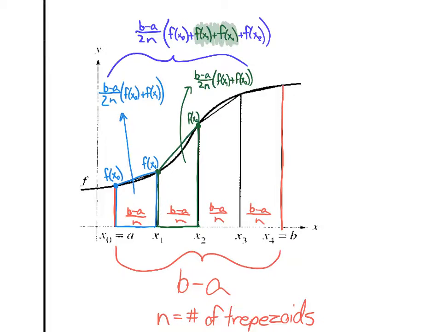Okay? And you guys can, I'm sure, see if we were to do the third one, it would have an f of x sub 2 as one of its bases. So now we would have 2 f of x sub 2's. All right? If we did the fourth trapezoid, one of its bases is f of x sub 3. So now we would have 2 f of x sub 3's, and so on.